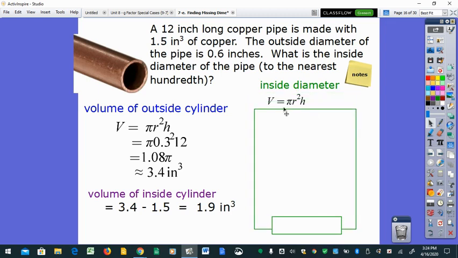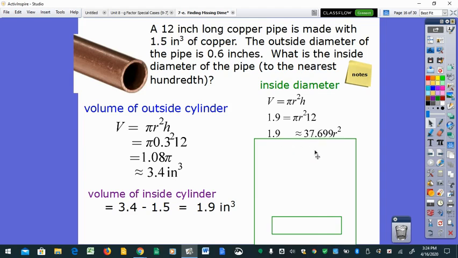So there is my cylinder. My volume is the 1.9. My height is still the 12. And I'm looking to find what is the radius of the hole. I'm going to take the 12 times the pi. It's about 37.699. I'm just keeping a bunch of places here while I'm working.